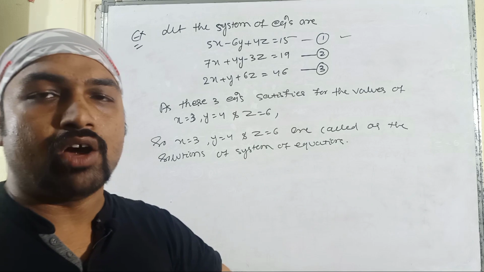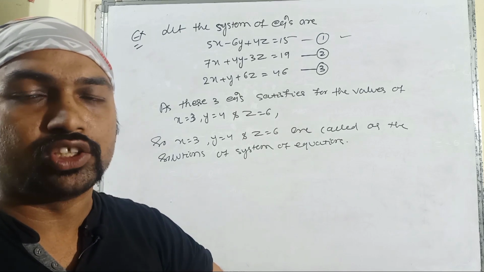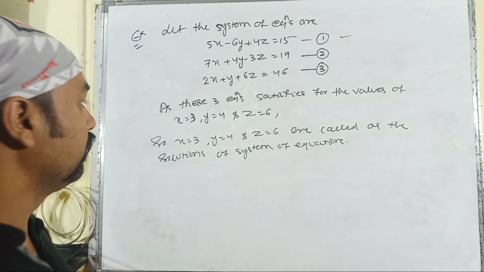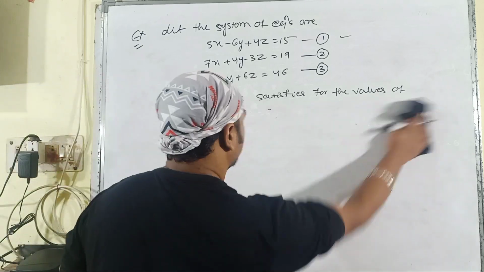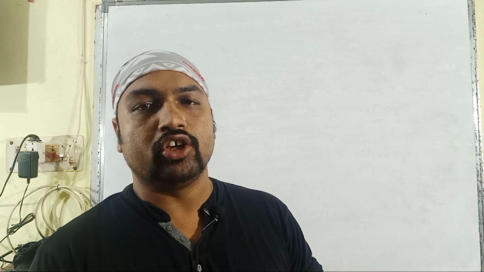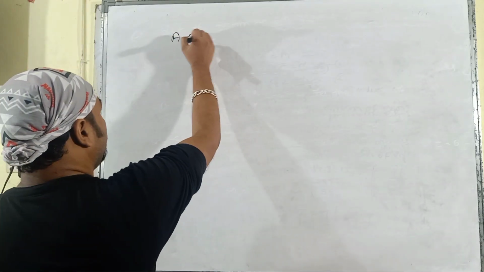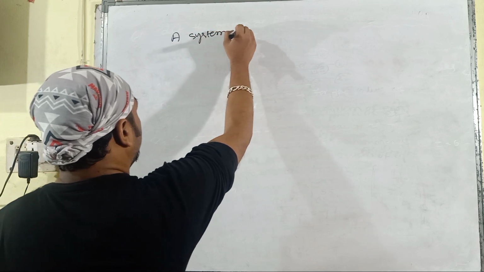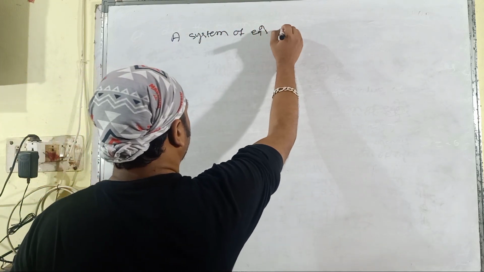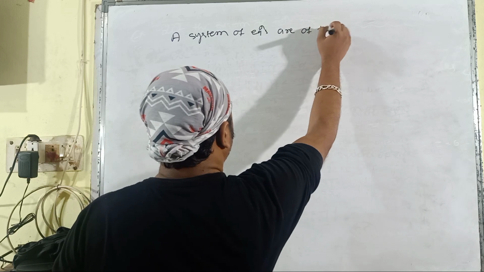Now let us discuss the consistency and inconsistency of a system of linear equations. Moving towards the consistency and inconsistency of system of linear equations, a system of equations is of two types.